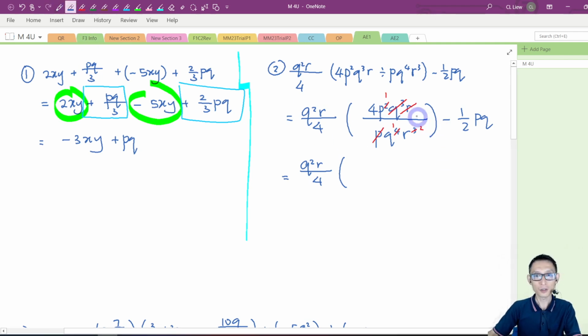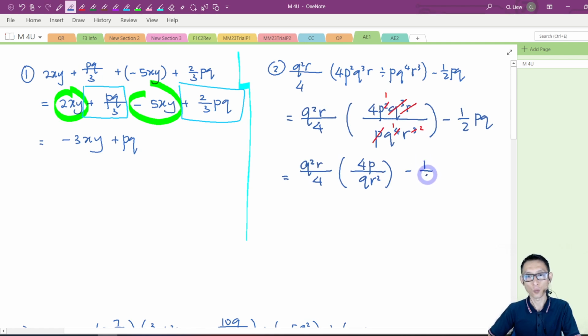After simplification, we have to go through carefully so that we do not miss out any variable or the power of the variable. Now we have 4p here. So how about here? This is qr squared. Then minus 1 over 2 pq.